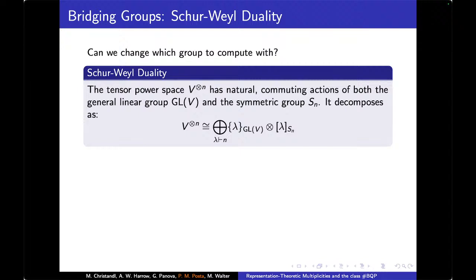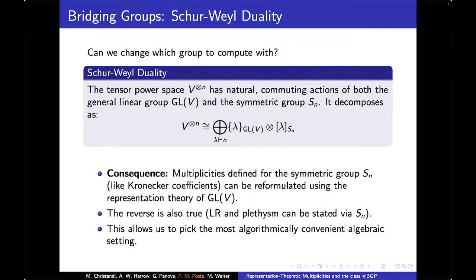And since they commute, they lie in each other's multiplicity space. And in particular, the label that appears is the same in each copy, which is very, very nice. And this already gives us a way to relate multiplicities defined in terms of GL(V) to multiplicities defined in terms of S_n.